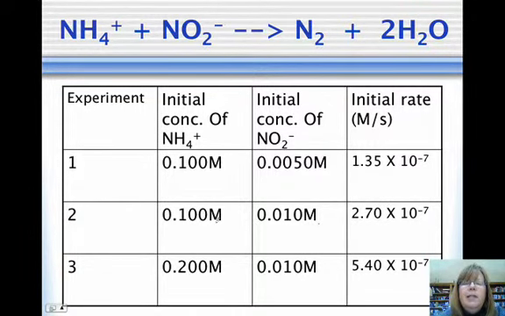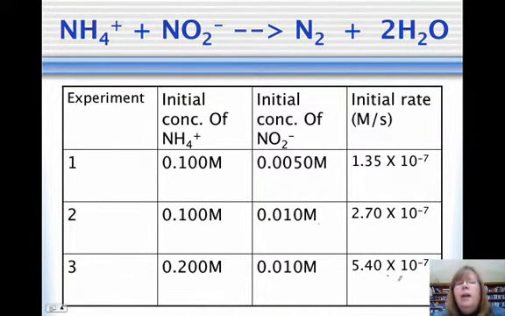Then look at experiments 3 and 2. Here, we kept the nitrite concentration the same to determine the effect that the ammonium has on the rate. When we doubled the concentration of the ammonium, it also changed the rate, and it looks like it also doubled the rate. All right, so how do we use this information?